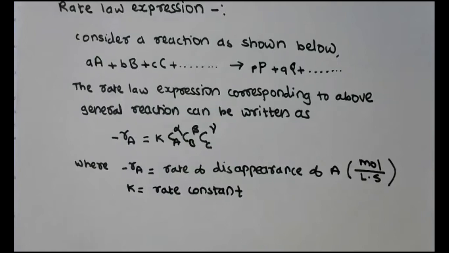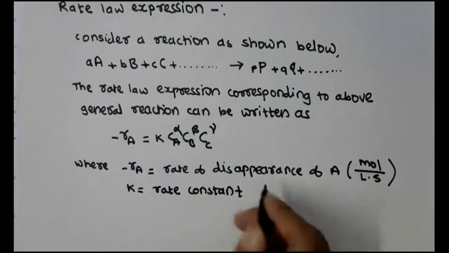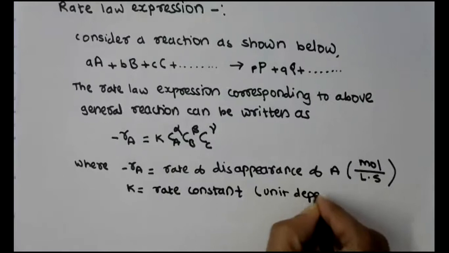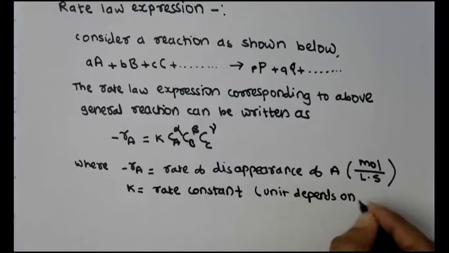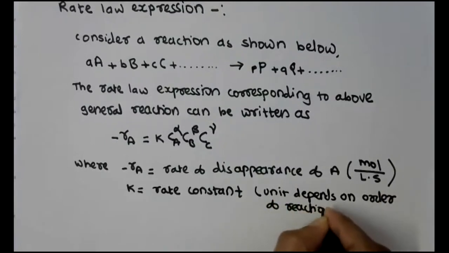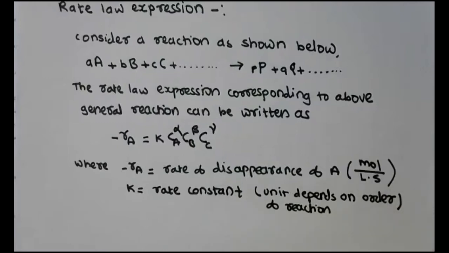The reason being, its unit depends on the order of reaction. That means the unit of rate constant for zero order, first order, second order reactions are different. Now, again, I have used one word, order. You may have a question in your mind, what is order? That also I am going to explain in a subsequent section.